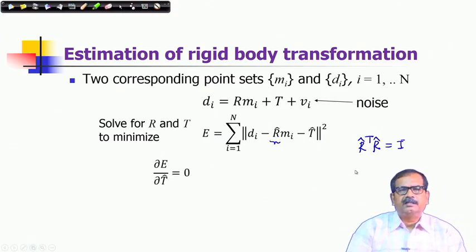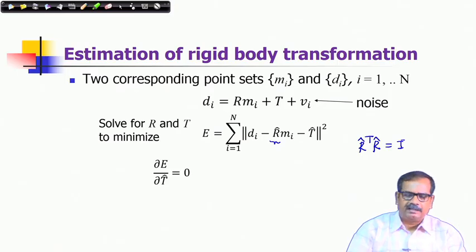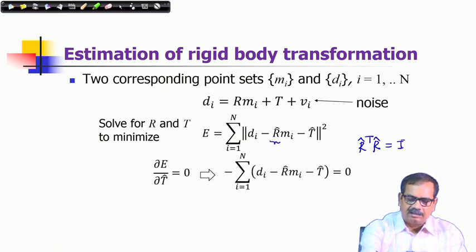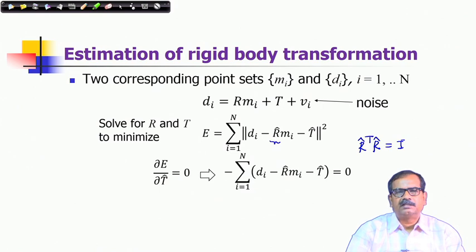So, we apply this strategy of first removing the translation part. What we do is take partial derivatives with respect to t, and then we get these equations. If I take the derivatives, we can find that the translation has only -1 as the coefficient, and you can apply matrix algebra once again to reduce the derivatives into this form.